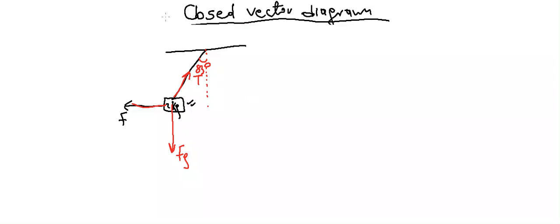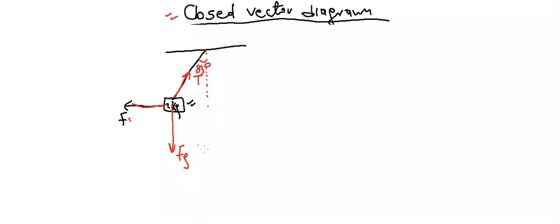For this question you must draw the closed vector diagram. In fact, for any question here, you must first draw the closed vector diagram. If we want to calculate the tension, let's draw the closed vector diagram.